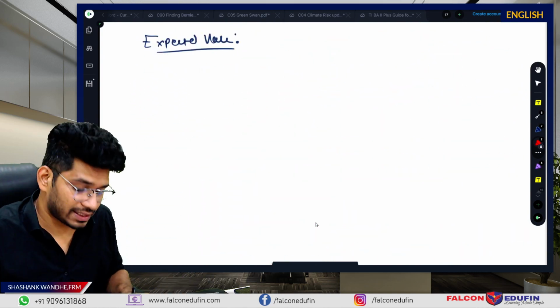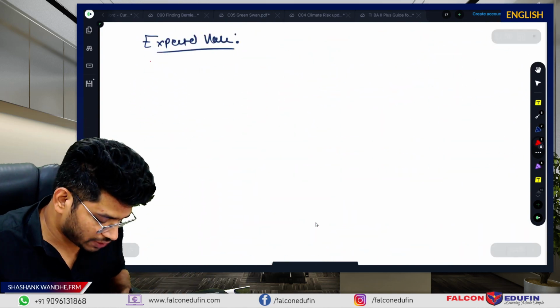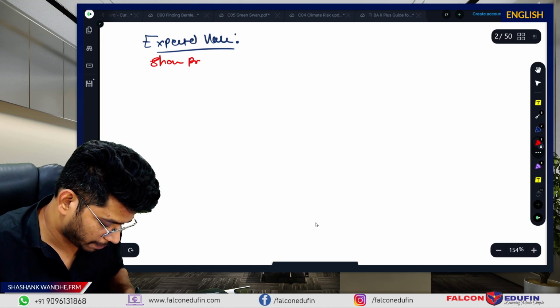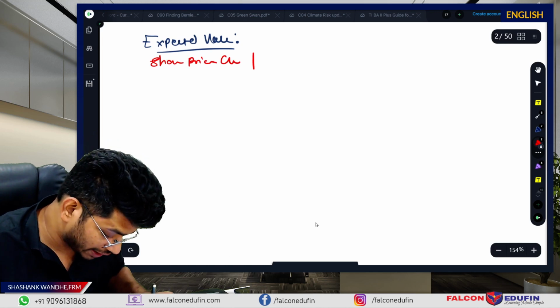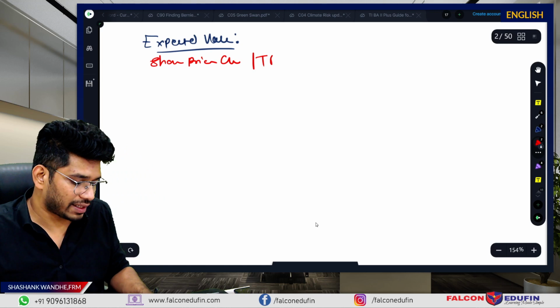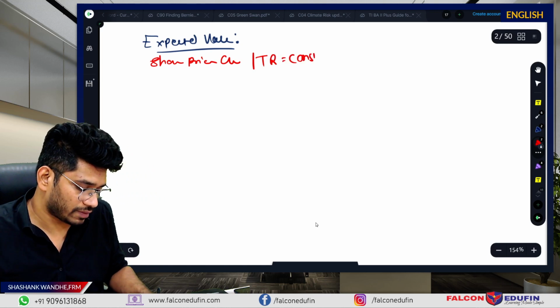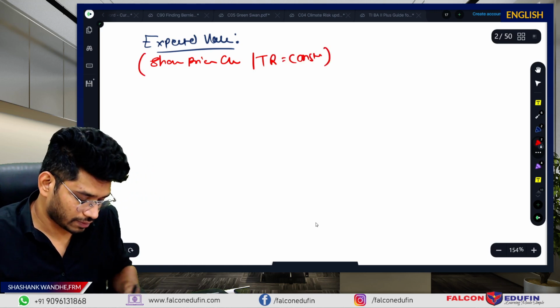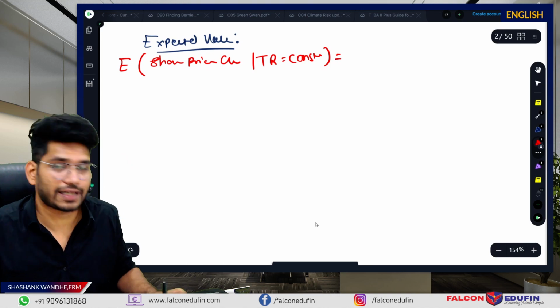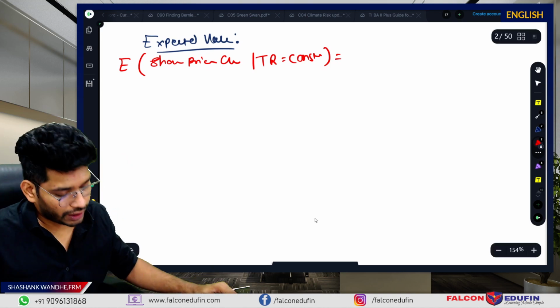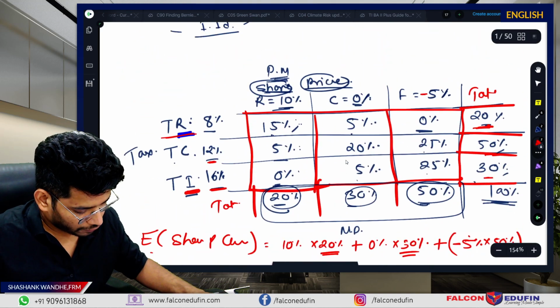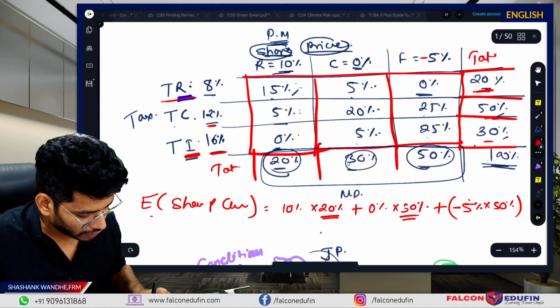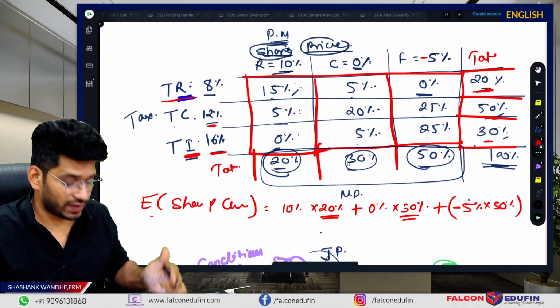Now next is expected share price change given the tax rate is constant. So you are supposed to calculate the expected value. What will we do here? We will take the joint probabilities, okay?